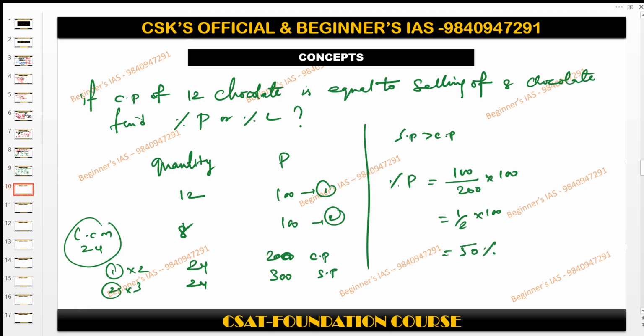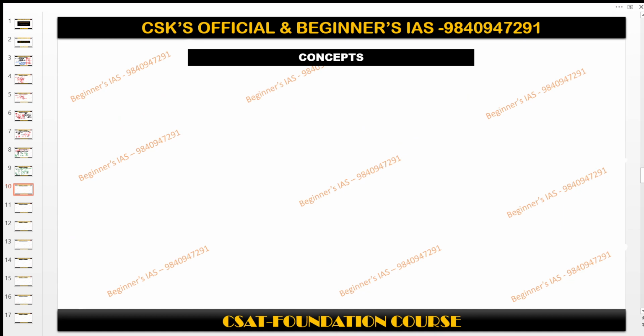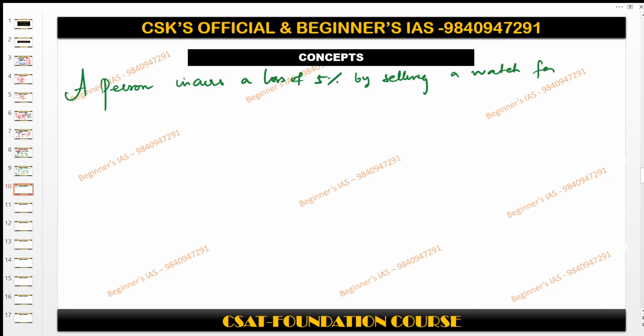Now let me give you another question. Try this question. A person incurs a loss of 5 percent by selling a watch for rupees 1140.